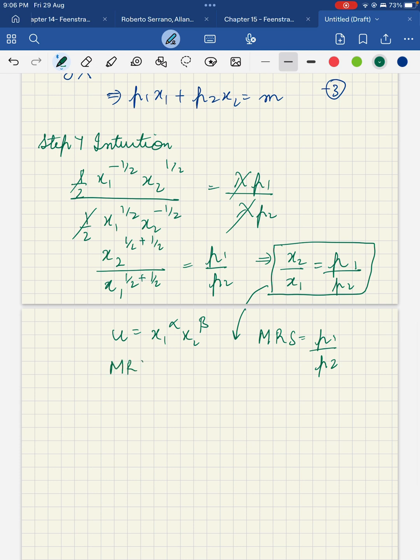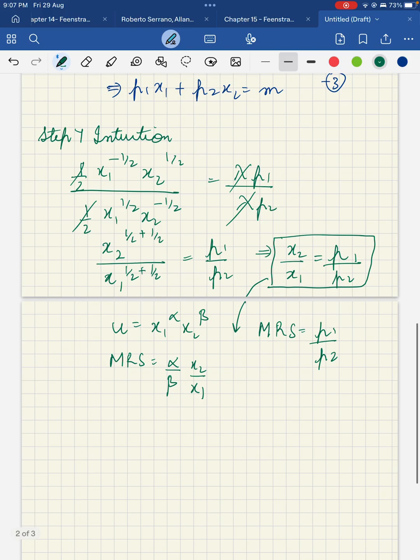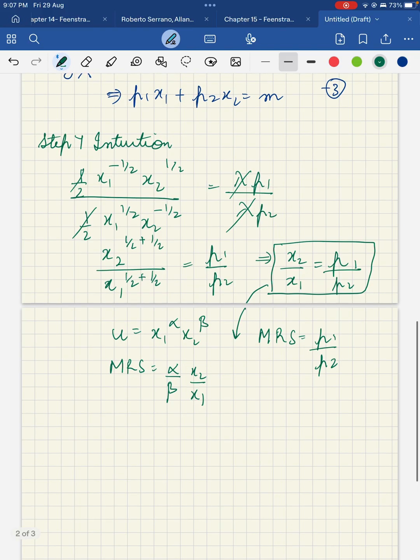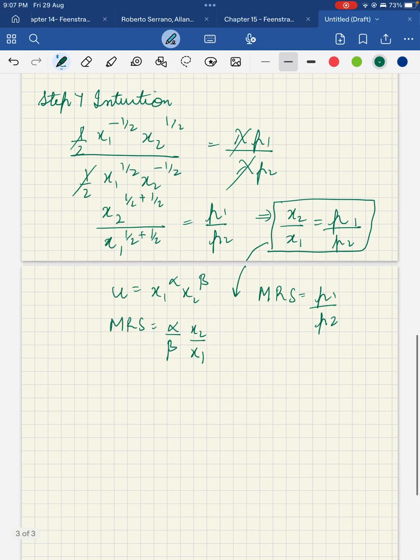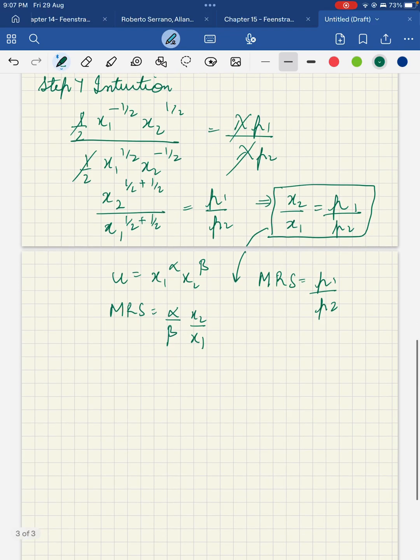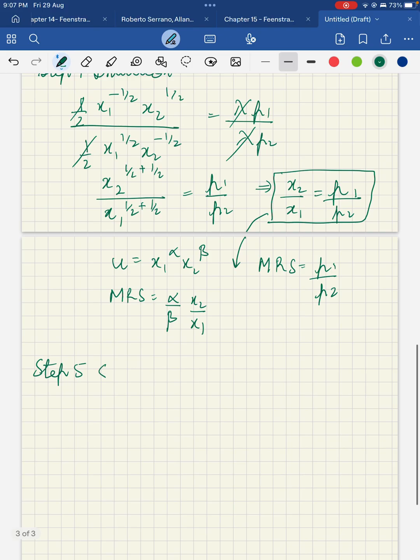U is equal to x1 raised to the power alpha, x2 raised to the power beta. Its MRS was alpha by beta, x2 by x1. In our case, alpha is equal to beta is equal to 1 by 2. So the alpha upon beta cancels out and I get MRS as simply x2 by x1. So this means that the consumer adjusts the consumption so that the utility trade-off equals the market trade-off.